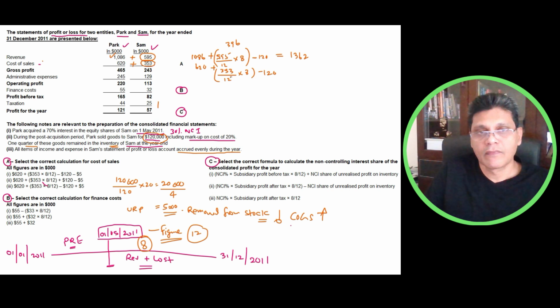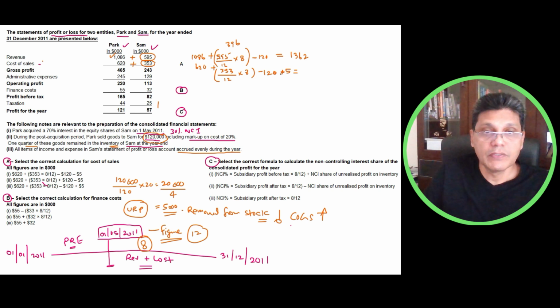So from this total you need to eliminate 120. Plus, since 1/4 of the goods remain in the inventory of Sam, this 5,000 unrealized profit has to be removed from inventory. Removing means the cost of goods sold will increase. These are in thousands, so you will get the correct cost of goods sold.